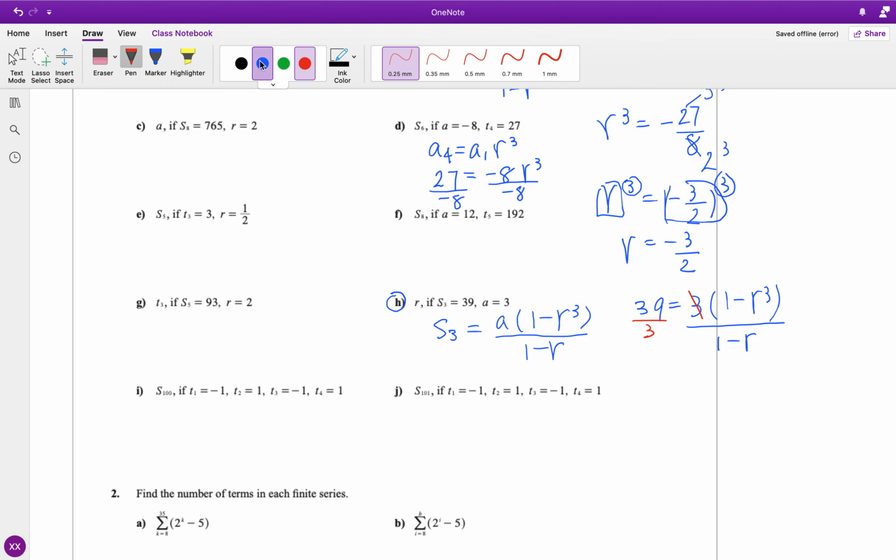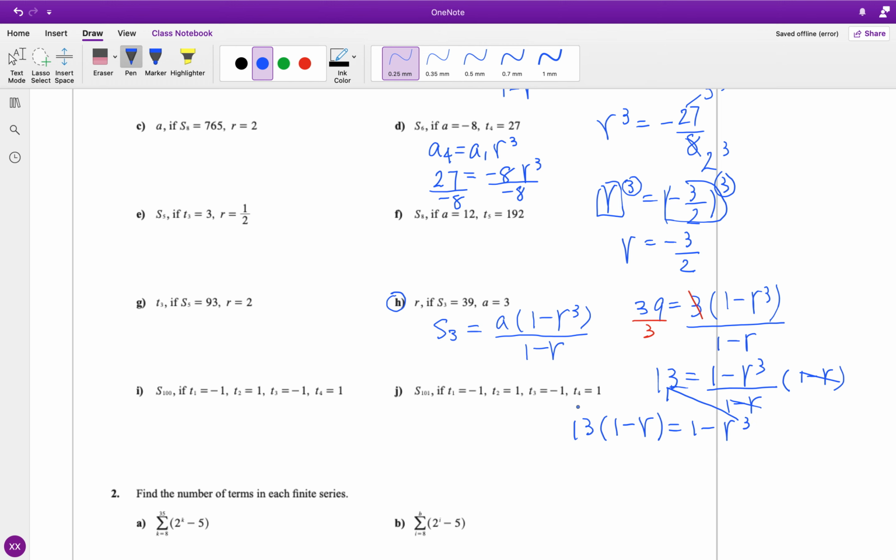Now my equation becomes 13 equals (1 minus r to the power of 3) over (1 minus r). Then move this to the other side, or another way to say it is multiply by (1 minus r), and then this cancels. Over here is 13 multiplied by (1 minus r) equals 1 minus r to the power of 3.